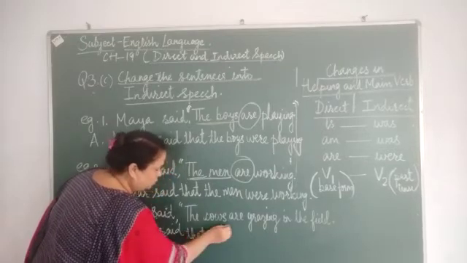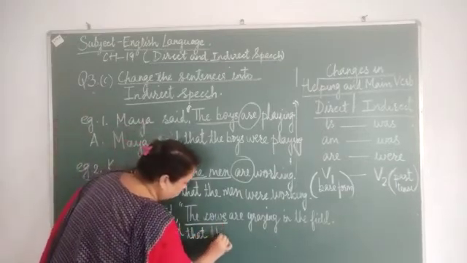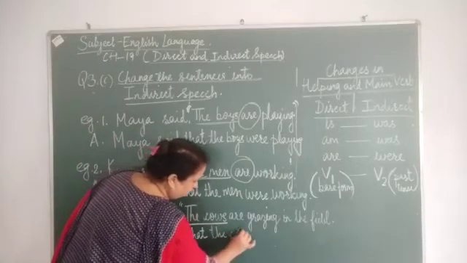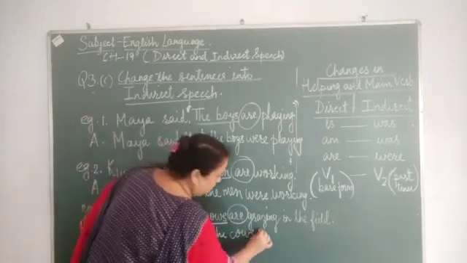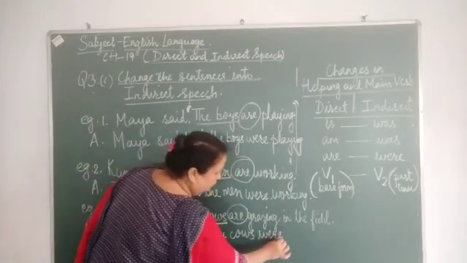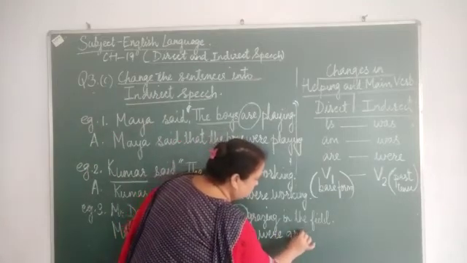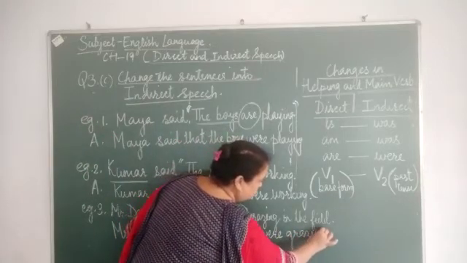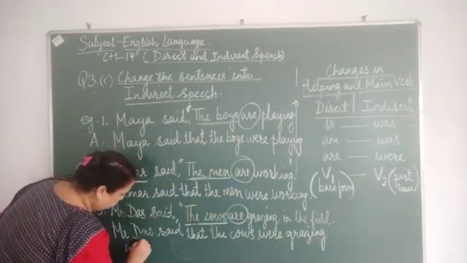Now who is he talking about? He is talking about the cows. So next "are" will be replaced by the helping verb "were", and then we will write the rest of the sentence: were grazing in the field.